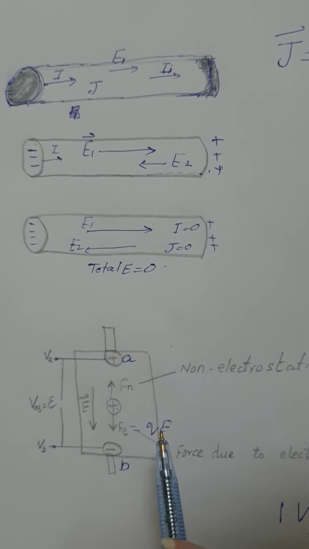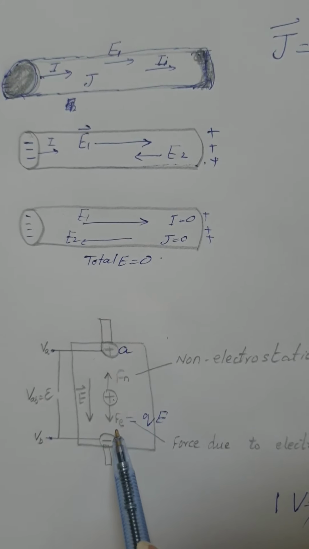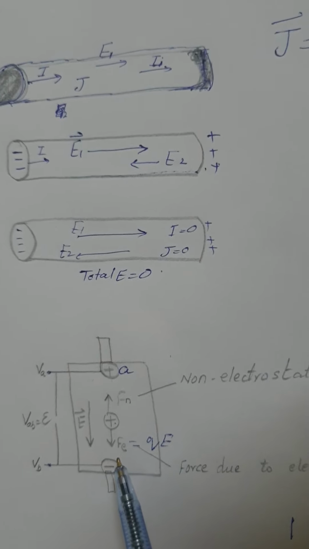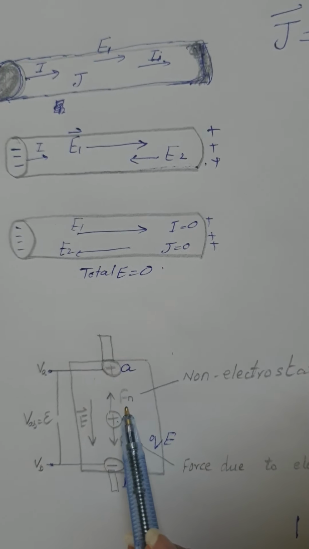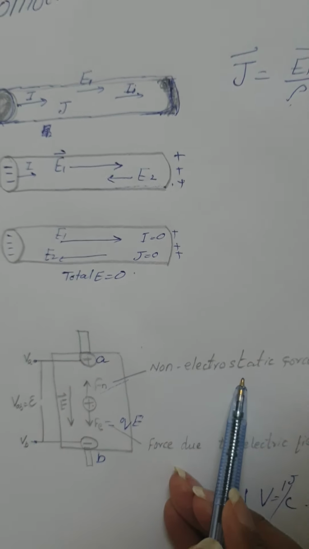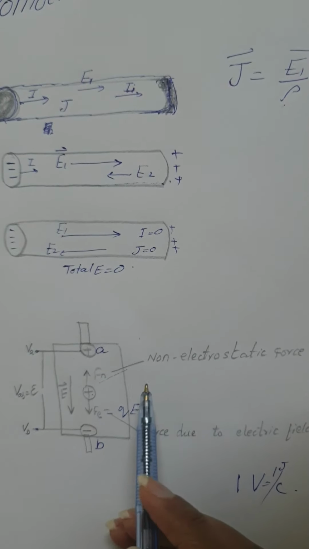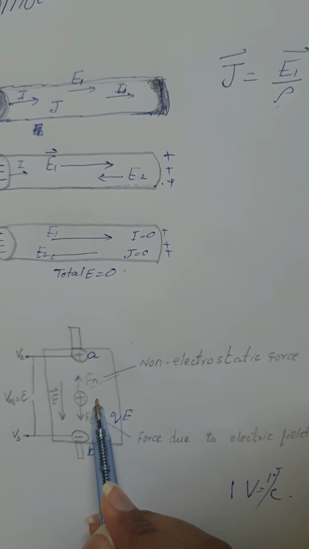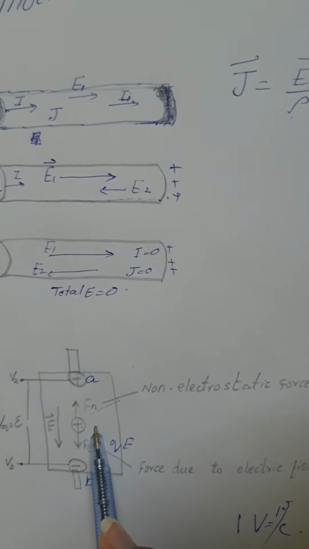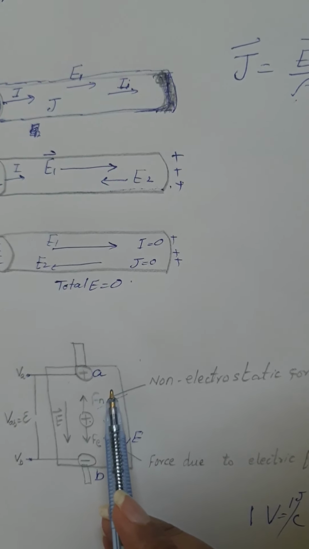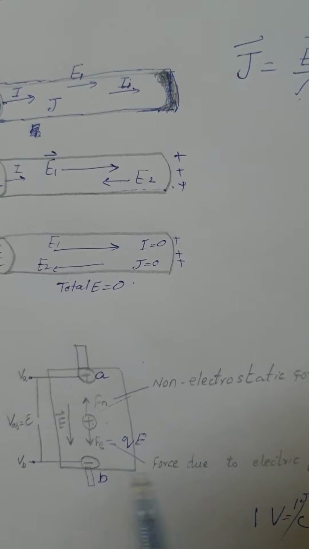But the source also provides an additional influence, a non-electrostatic force, Fn. This force operates inside the device and pushes charge from B to A in an uphill direction against the electric force Fe.